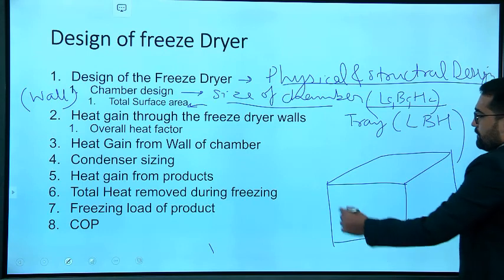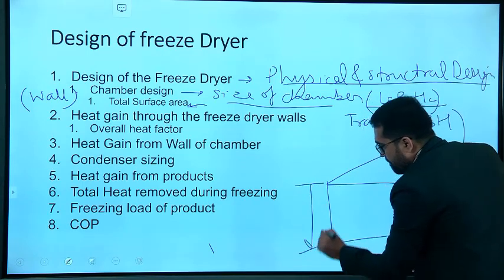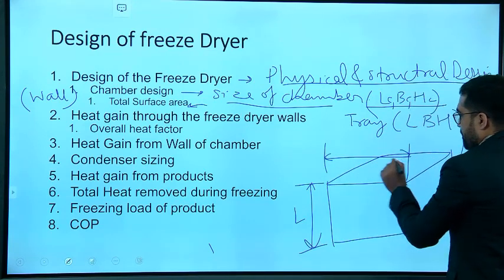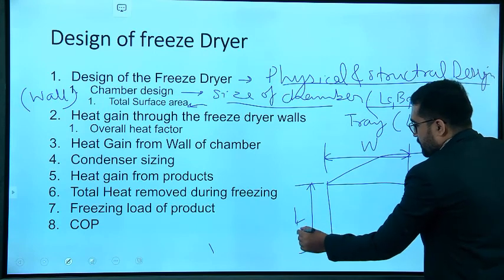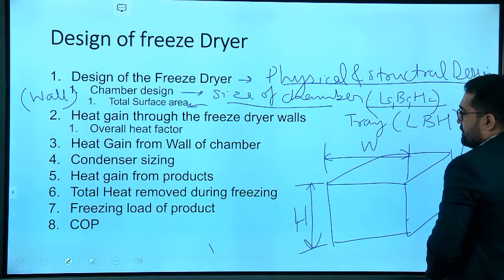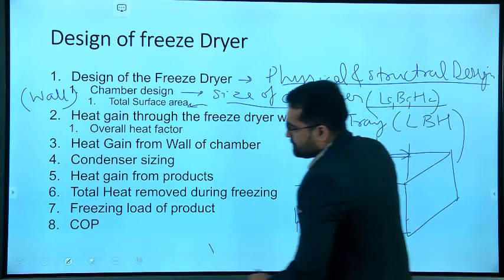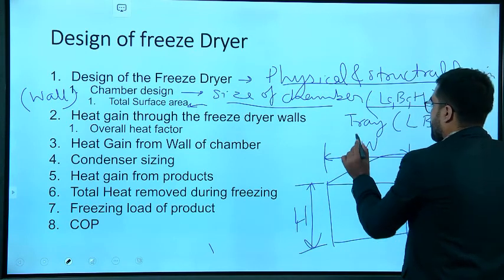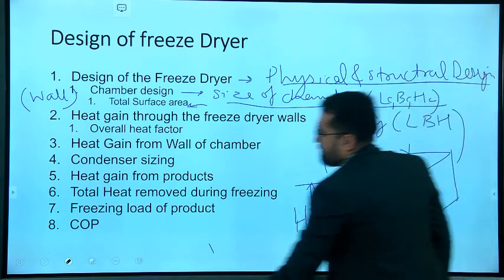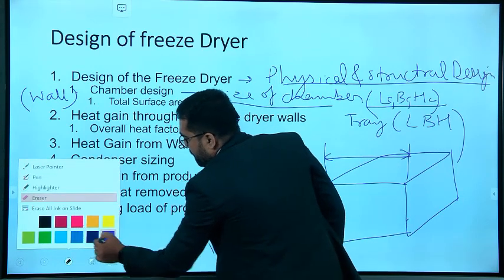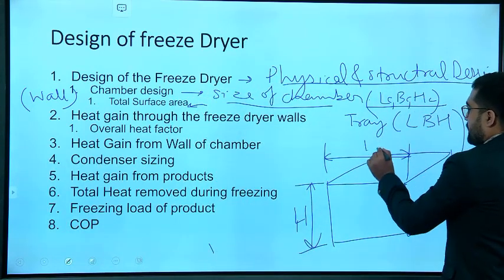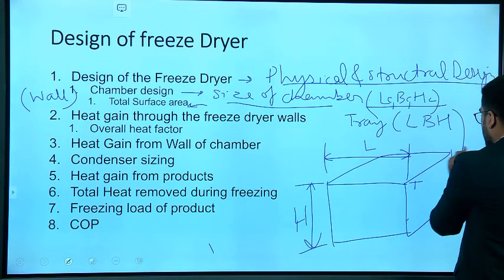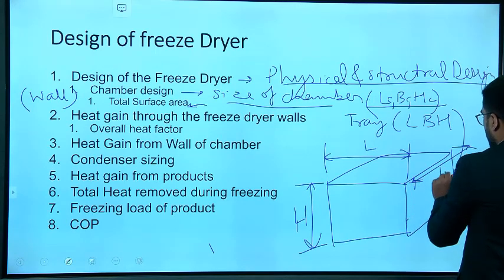We will find out what is the length of this, what is the width of this, sorry, this will go as a height, this will go as a length, this is height, and this will go as a width.